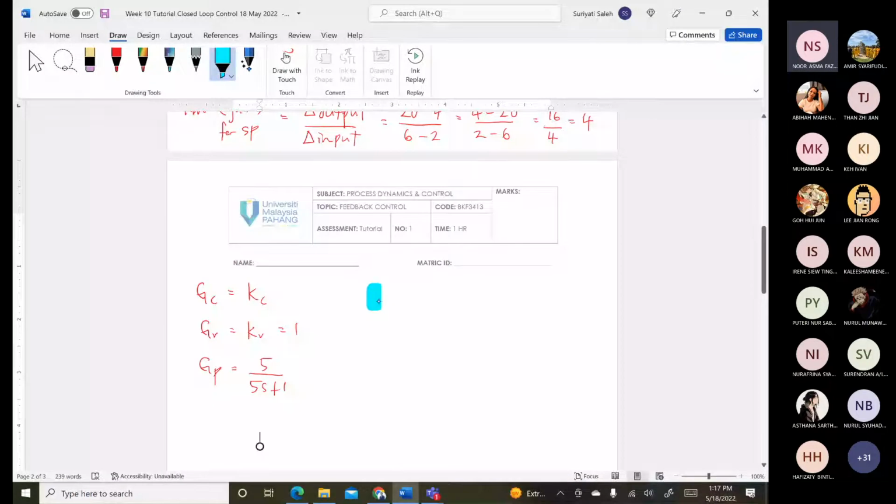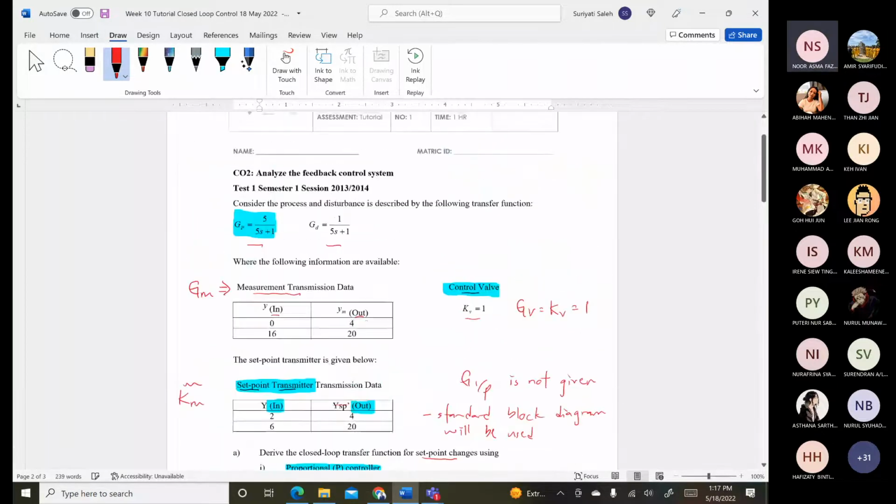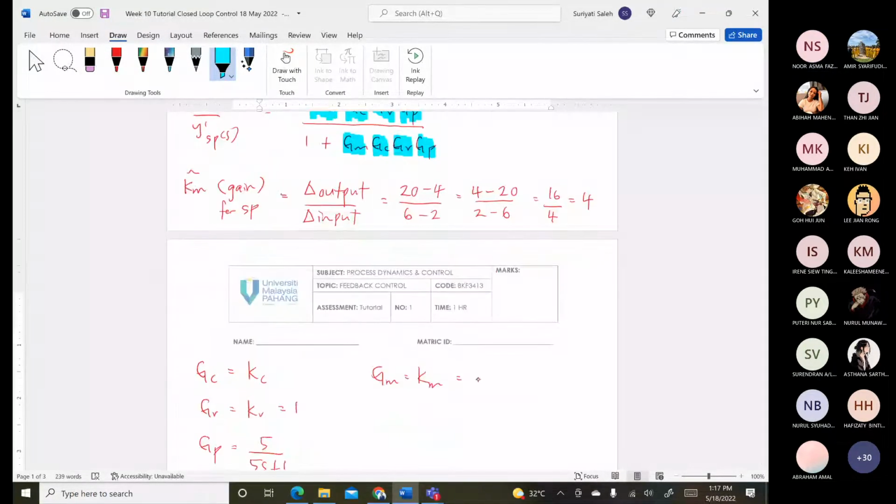So here the GM equal to KM equal to out divided by in. So 20 minus 4 divided by 16 minus 0. So you have delta output over delta input.